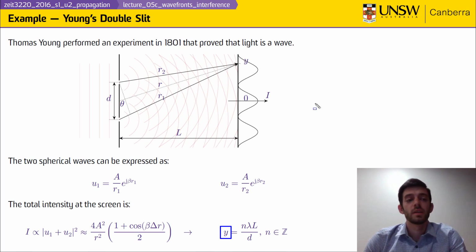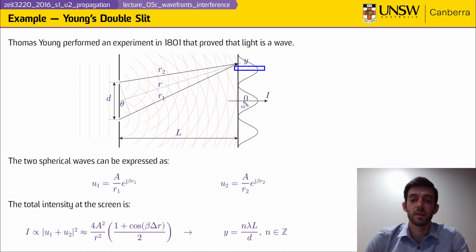And what turned out is that Thomas Young's experiment worked in the sense that the predicted values for the separation and the actual values for those maxima right here matched, thereby proving that light is a wave.